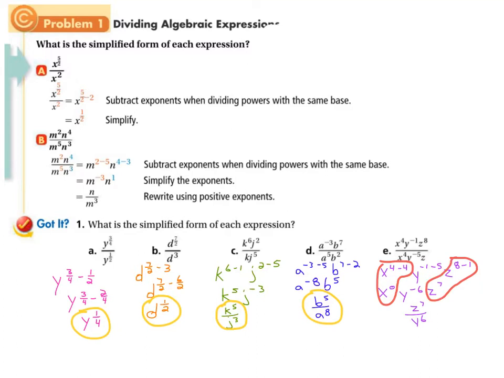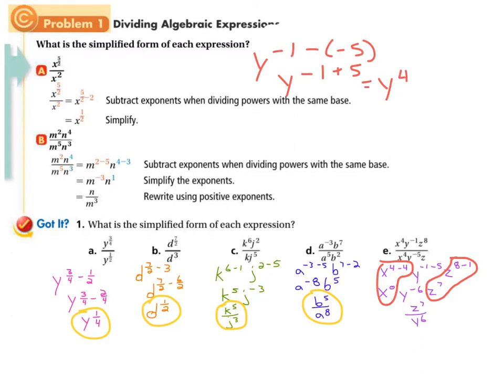Okay, what we're looking at is this. So watch what I'm going to write up top. What I should write is what we have on top, y to the negative 1, and then I'm going to subtract the exponent from the bottom. So I should be saying minus a negative 5, which actually works out to be y to the negative 1 plus 5, which is actually y to the 4th.